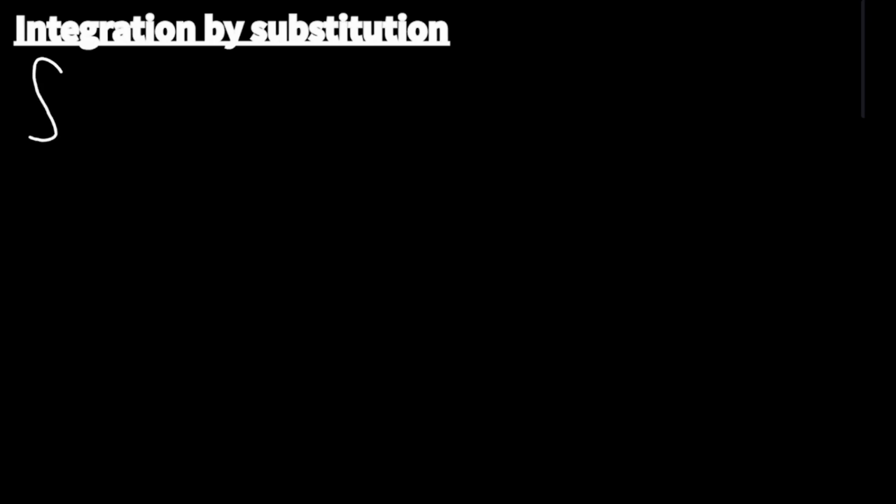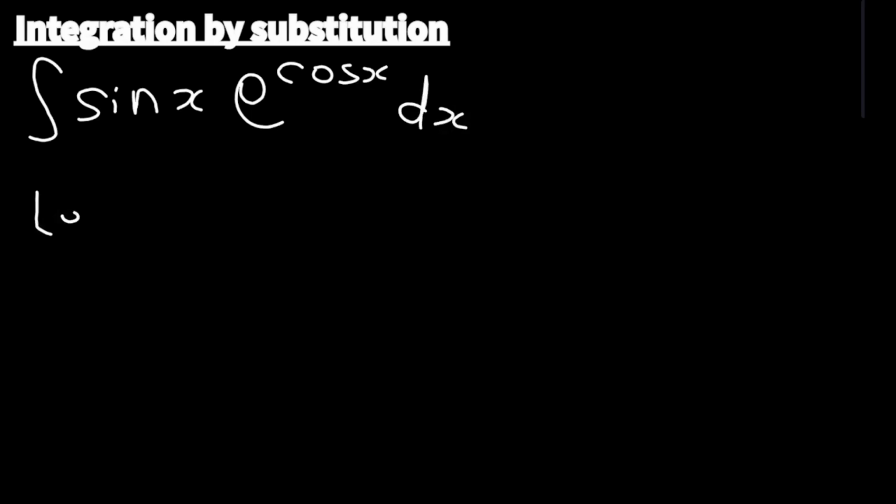What is the integral of sine x e to the cos x dx? We let our u be. From this integral, you will automatically know that we want our u to be cos x, so that when we find the derivative, we get a negative sine x, which will cancel out with sine x.